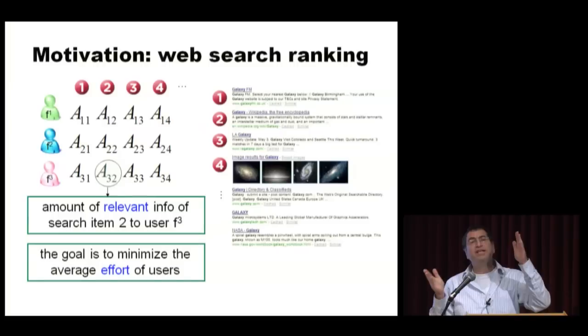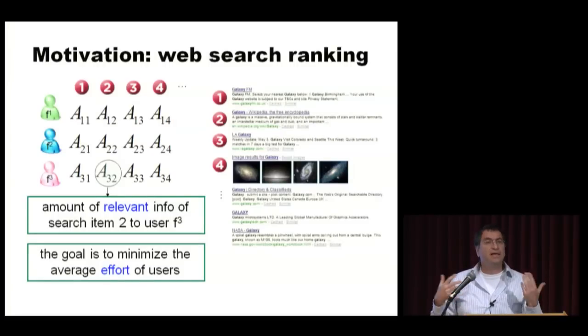We have different types of users, each weighted by its proportion in the population, and we want to minimize the average cover time. So now you might understand the formal definition.